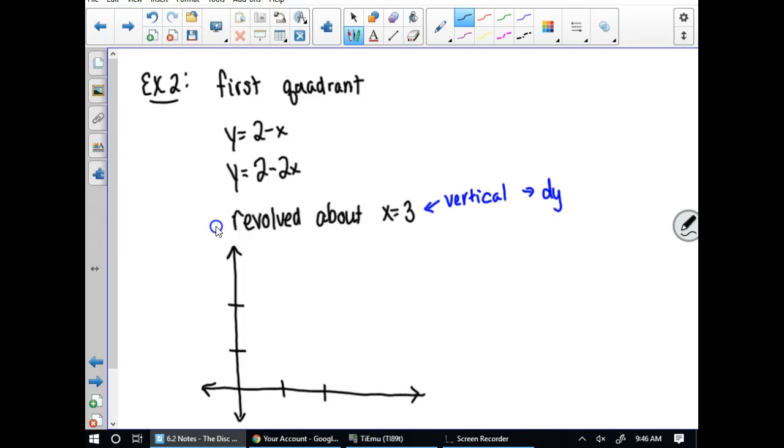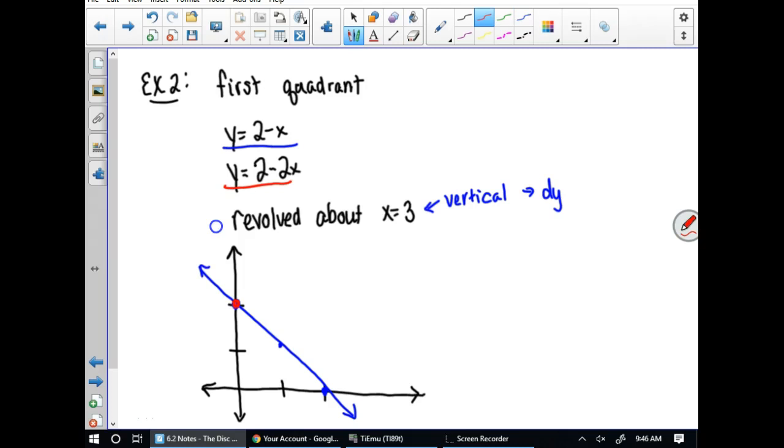So I'm going to graph y equals 2 minus x in blue. It has a y-intercept at 2 and a slope of -1, so that blue line will look like this. And then I'm going to graph y equals 2 minus 2x in red.